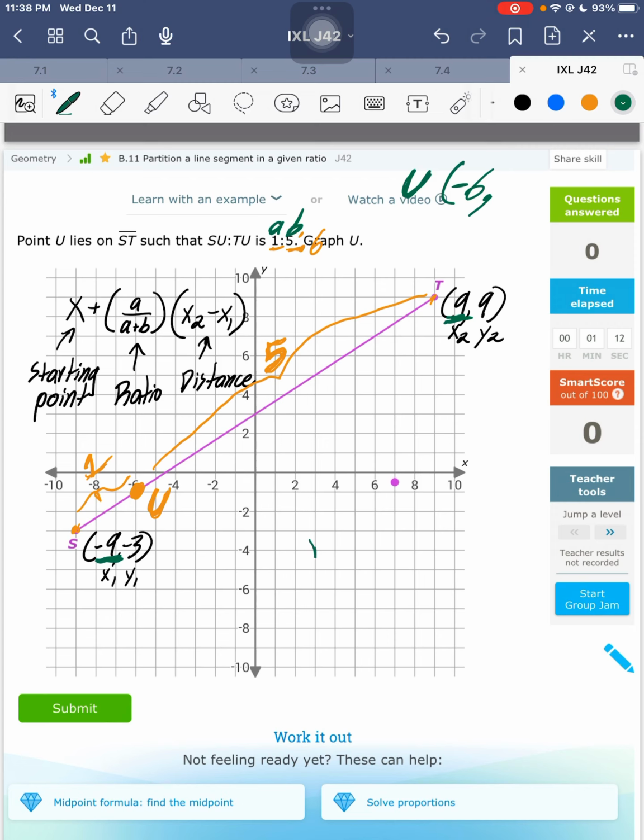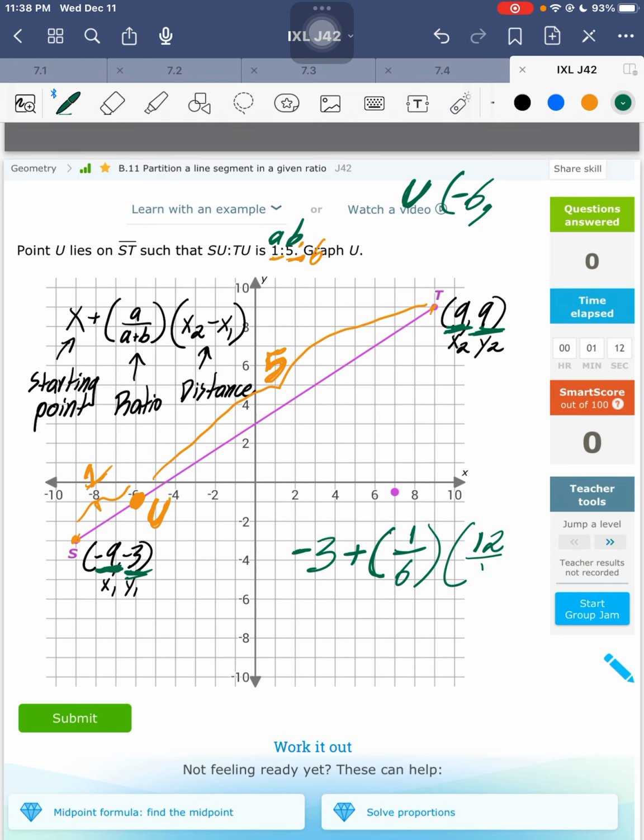So now my starting point is y, plus, once again, my ratio. What's my y starting point? -3. So -3 plus 1/6 times, what's my distance?